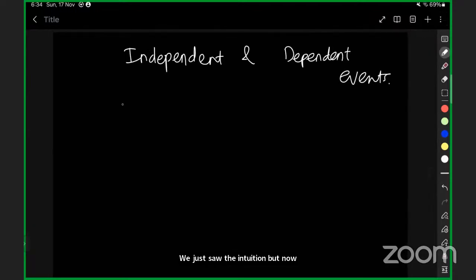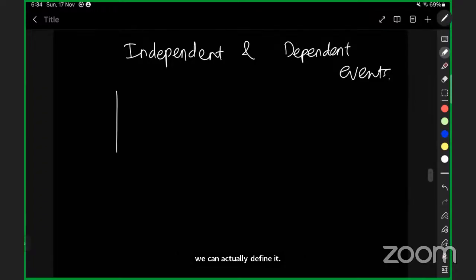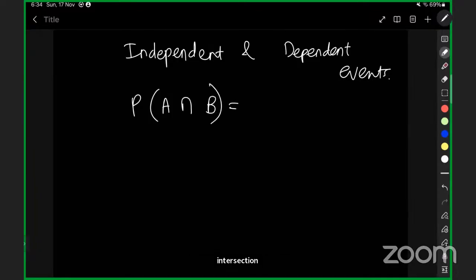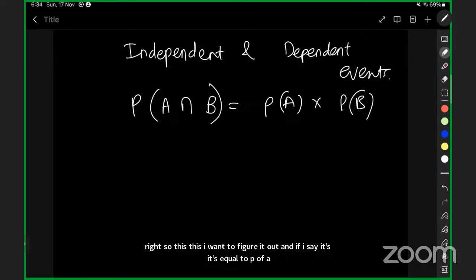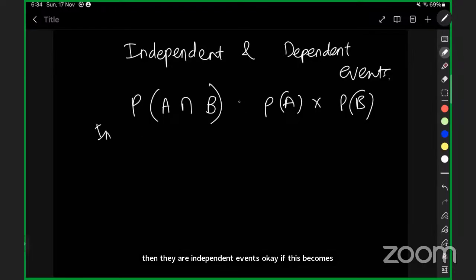Say some event A and B. I want to figure out P of A intersection B, and if it is equal to P of A multiplied by P of B, then they are independent events. If this becomes equal, then they are independent.